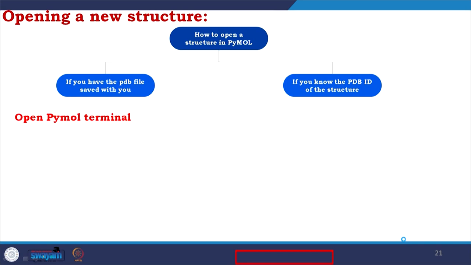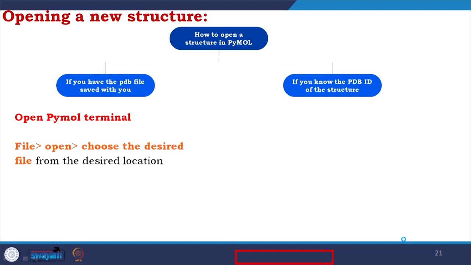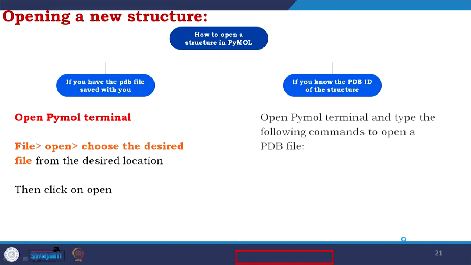If you have the PDB file saved with you, you open the PyMOL terminal, go to file, open, and choose the desired file from the desired location. Then click on open and you get the PDB structure displayed on your display window, which I showed you.